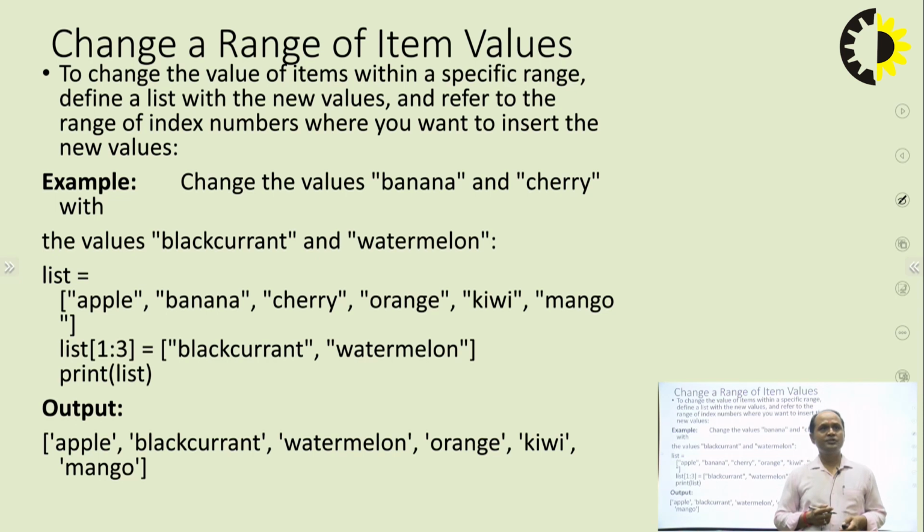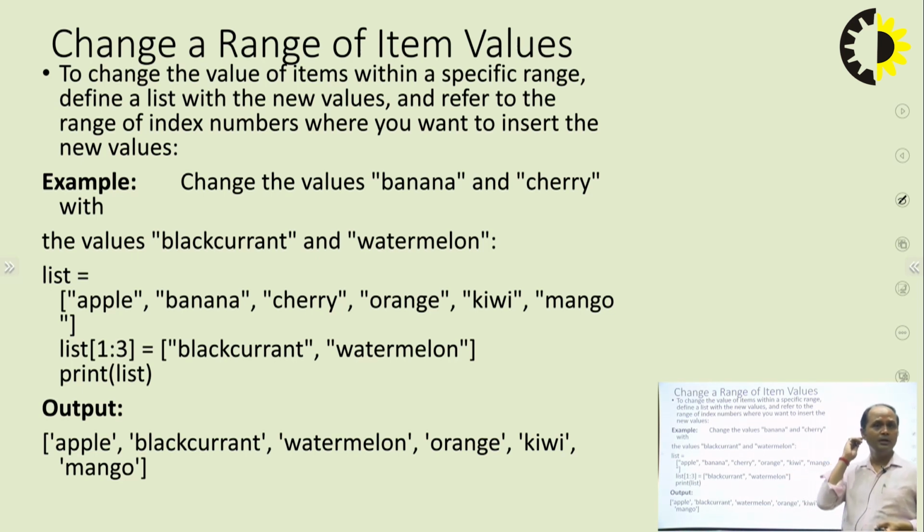Now we will change a range of data items. How do we find the range and how do we apply a particular range? Suppose we have a list and we want to change only particular elements, not the whole list. Suppose we have a list of apple, banana, cherry, orange, kiwi and mango. These are data items 1, 2, 3, 4, 5 and 6, but we want only some items.